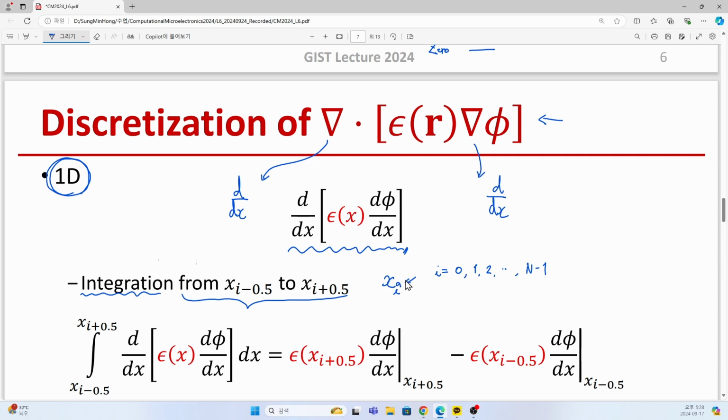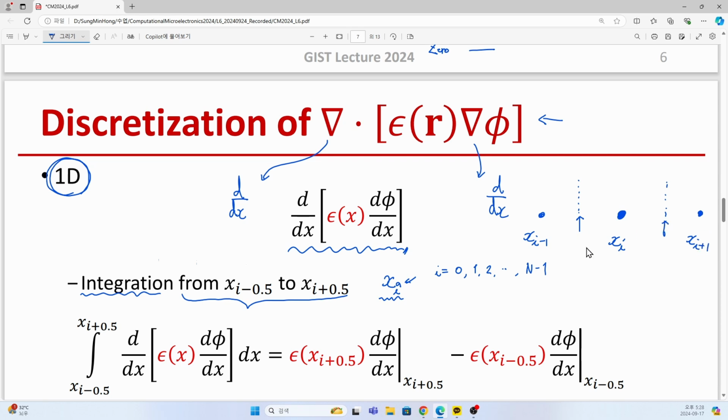So when we make such a selection for xi, then from xi minus half to xi plus half means that we want to make an integration from the midpoint between x sub i and x sub i minus 1 to another midpoint between x sub i and x sub i plus 1.